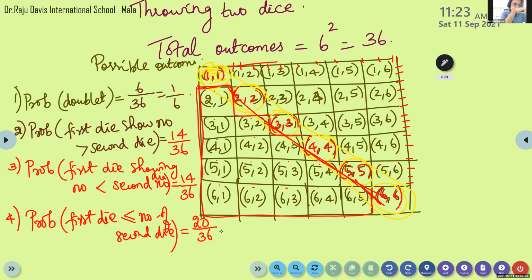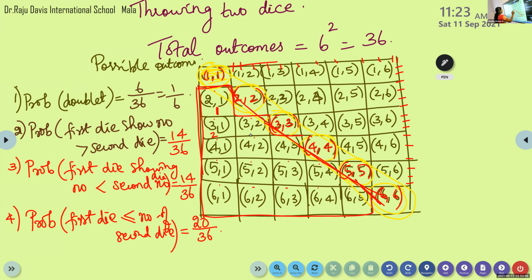Probability of the first die showing a greater number than the second die: 15 by 36. How? Can you tell me which are the possible cases you will get? I counted it, ma'am. Is it 15? 1. Okay, I'll write it here with red 1. 2.